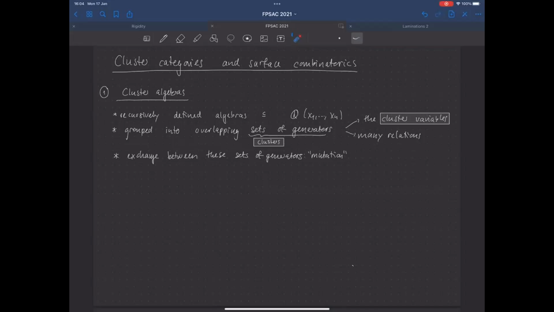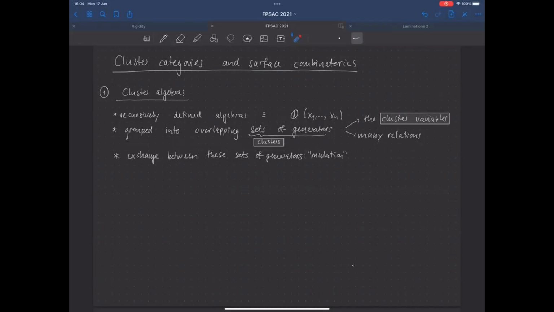And the other motivation came from totally positive matrices, which were defined around 1930 by Schoenberg. These are square matrices where all the minors are non-negative, or say positive, over the reals. In the first 20, 30 years after their definition, the main work was on showing that they have n distinct eigenvalues, which are all real. And then later Lusztig generalized that concept to algebraic groups.